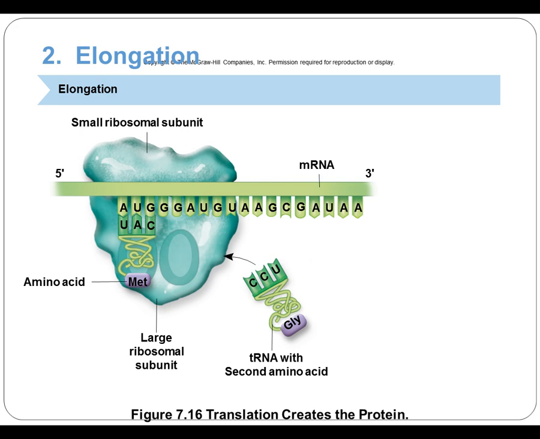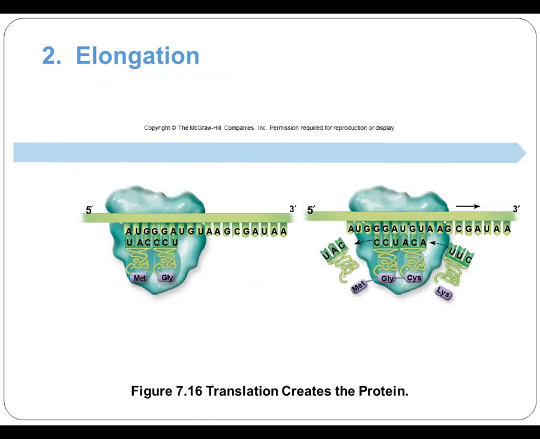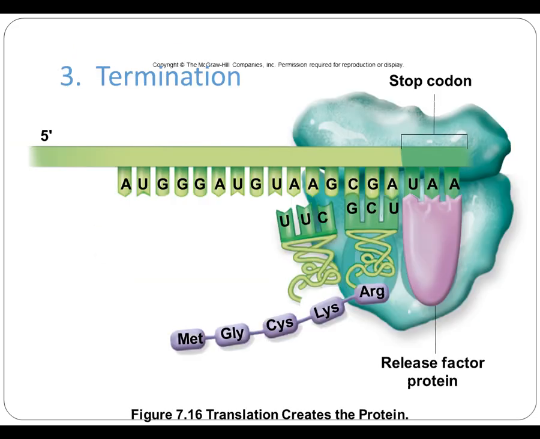This will continue until the mRNA codes for a what? Stop, or termination, or a stop codon. We'll just continue on, and then it will terminate. And here's really what we're focusing on. Yes, the RNA is very important, but here's the end product. The end product is an amino acid, or a bunch of amino acids joined together to form a protein.